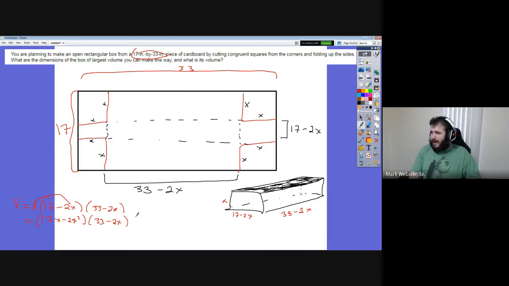It will kind of pay dividends to FOIL this out. I'm not saying that you have to, but like 17 times 33. Some of you may say, just do the multiplication rule, who cares, it'll take less effort. It's up to you.